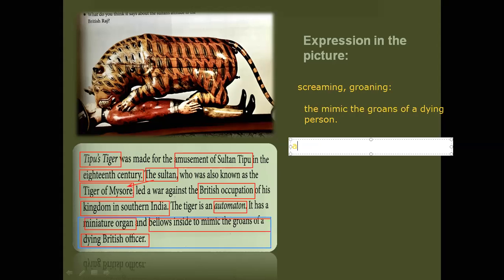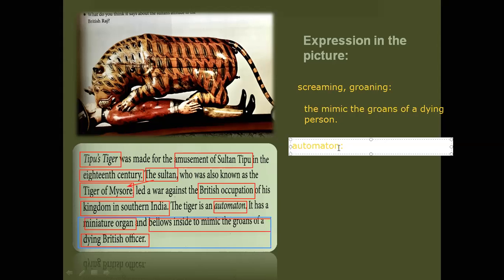Dua, are you there? Yeah. So, in this part, they use the word automaton. What does that mean in this picture and in this script? What does it do in this sculpture? The tiger is an automaton. What does it mean?